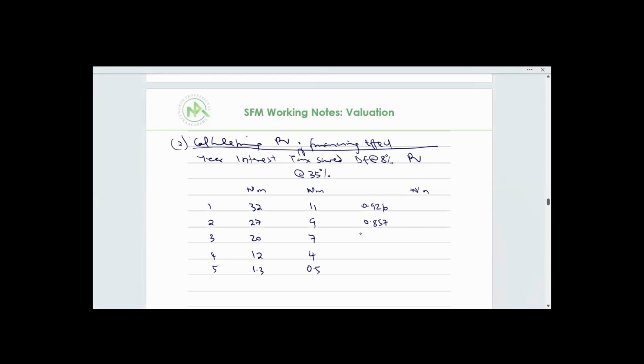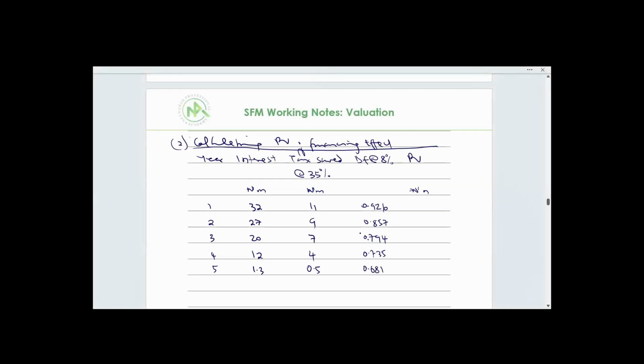Year three, raised to power minus 3, 0.794. Year four, raised to power minus 4, 0.735. Year five, raised to power minus 5, equals 0.681.